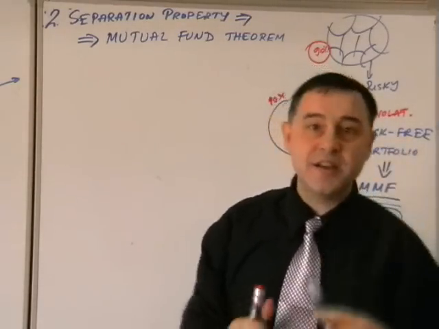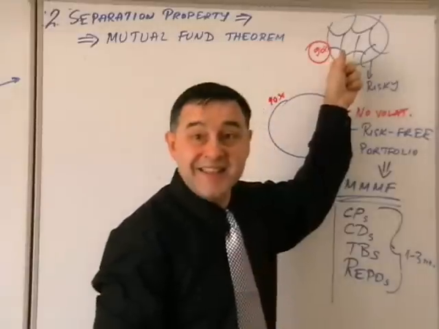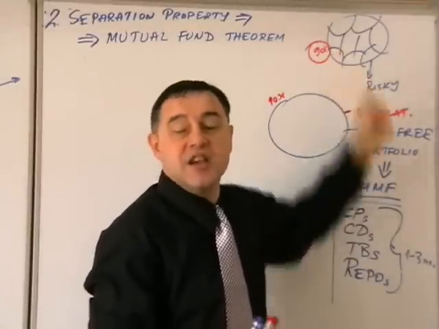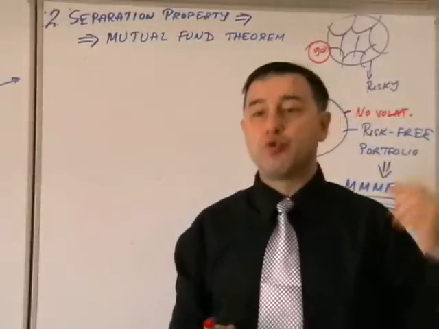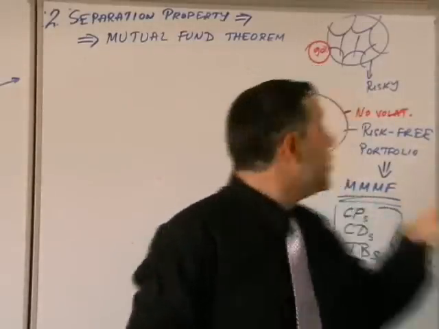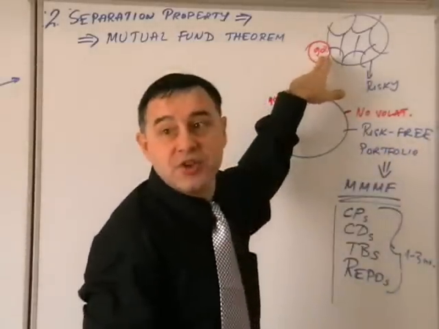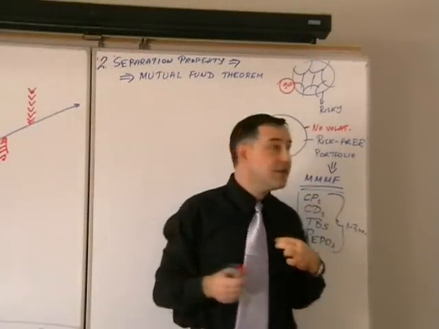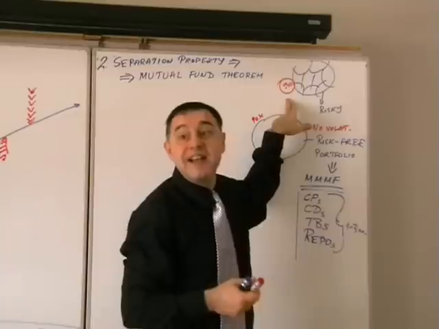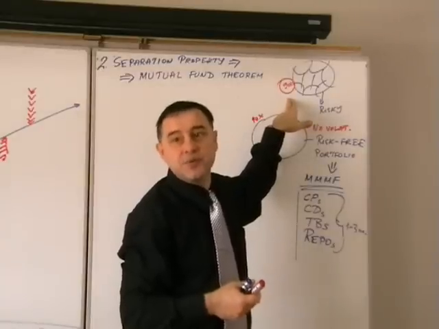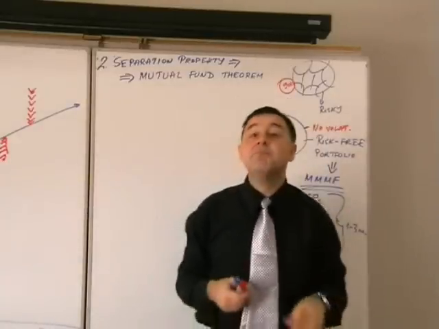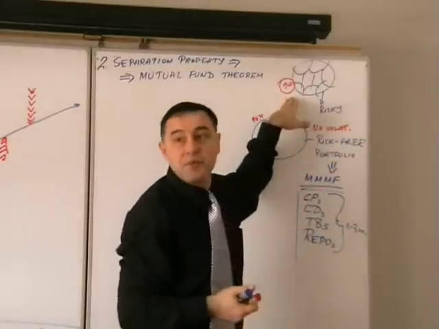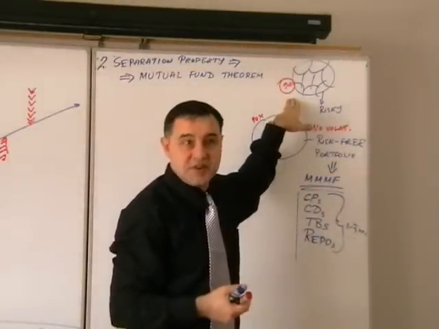And the weighting will represent the risk aversion of the investor. In other words, very risk-averse investors will have a very low percentage of the risky portfolio. So, the most risk-averse investors will literally have 0% of the risky portfolio. Those that are moderately risk-averse could get anywhere between 30 or 50%.